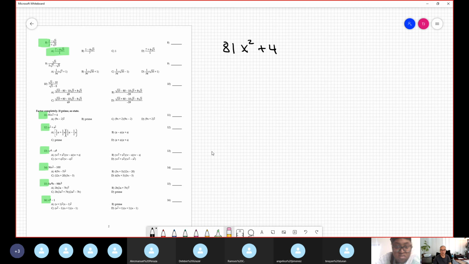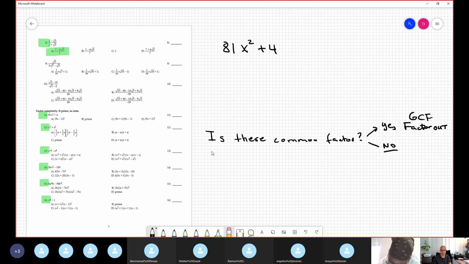The typical question is: is there a common factor? If the answer is yes, factor out the GCF. In this case, the answer is no.